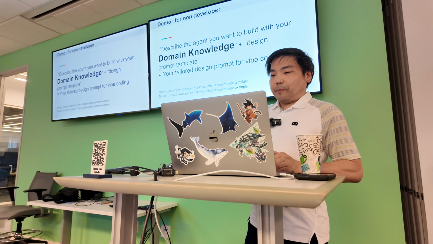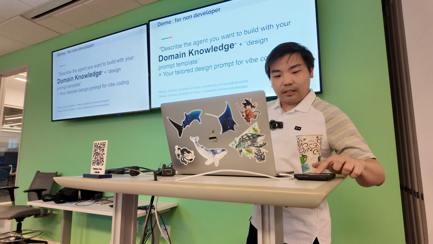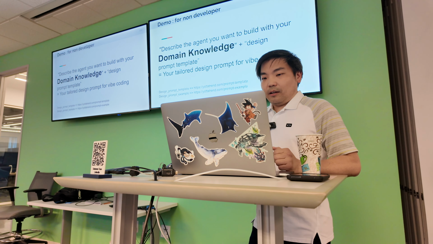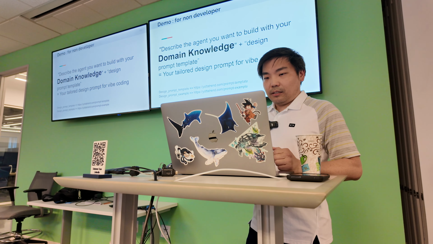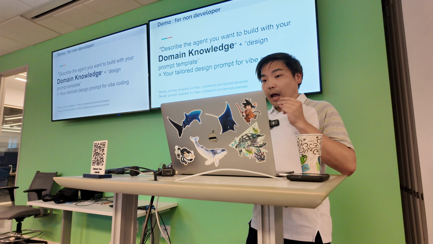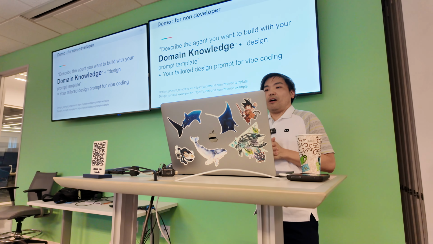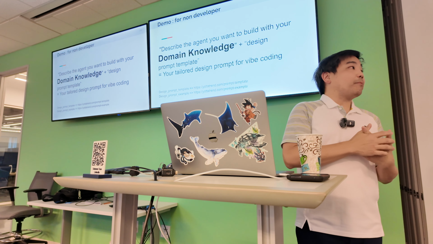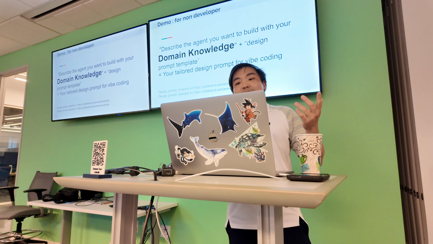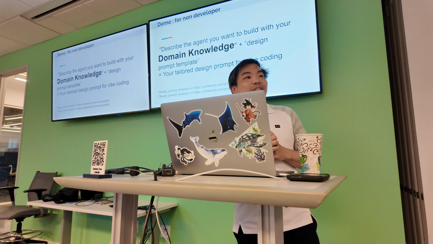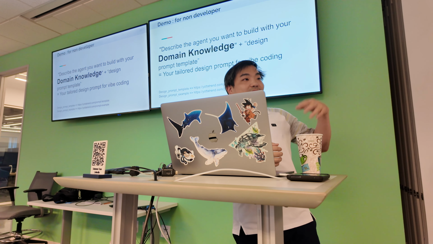So right now I've been talking a lot. Let's see, do we have enough time? We should have enough time. We have 30 minutes. I'll try to build our first app today. So how do you build your app using vibe coding tools? First, you need to have a template, which is the template I just presented previously.